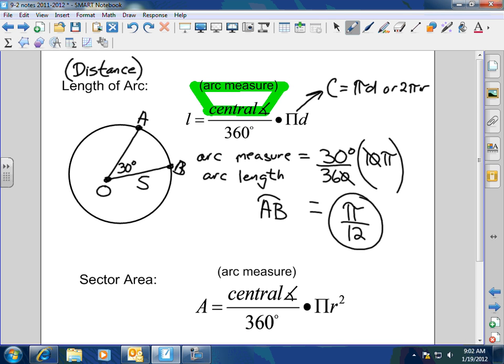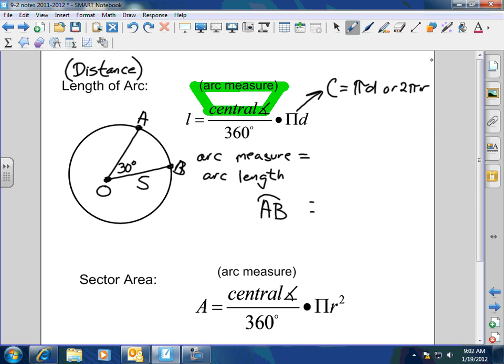What do you mean, what happens to the 10? Yeah, can I cancel out this 0 with that 10, son? I'm sorry, I screwed up here. My bad. Let me do that again. I apologize, everybody. The arc measure is 30. The arc length is 30 over 360 times 10 pi.